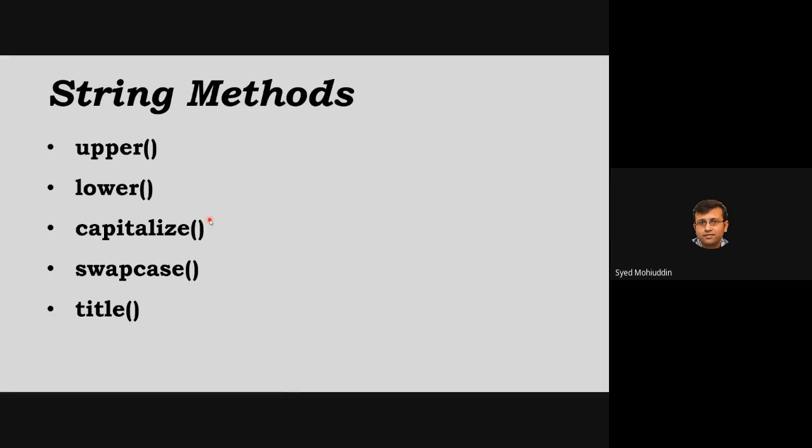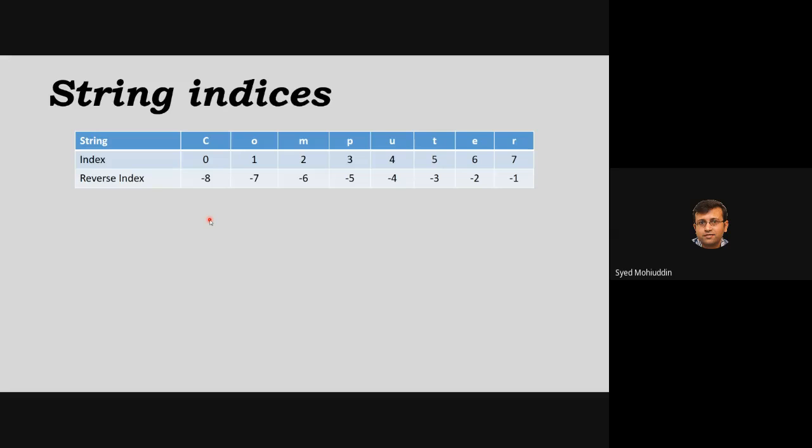Now we will move on to the most important part, not of strings, actually it is part of Python itself: indexes. In Python, indexing starts from 0. Suppose we have the string computer.